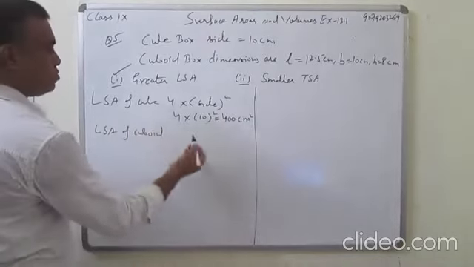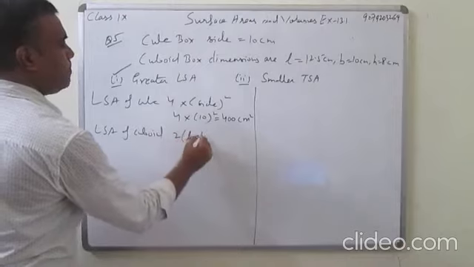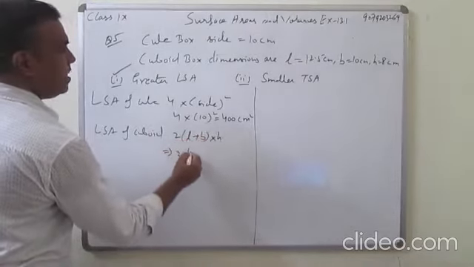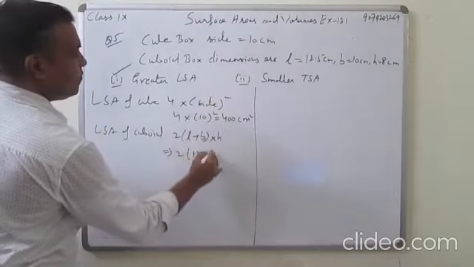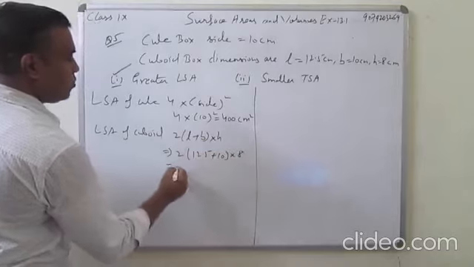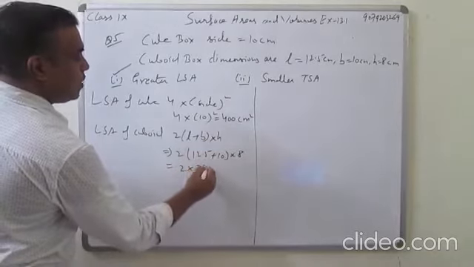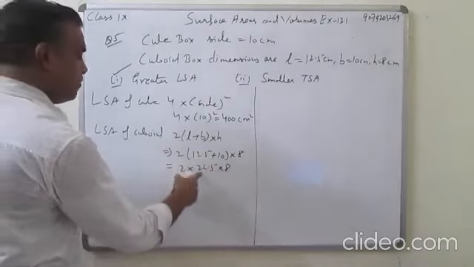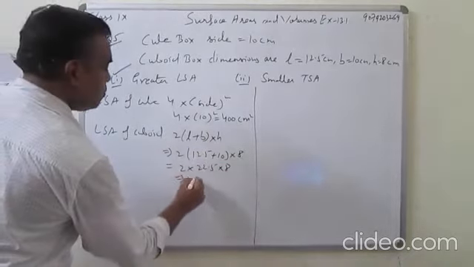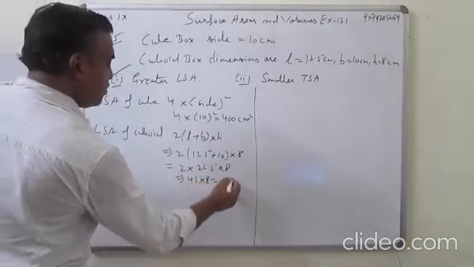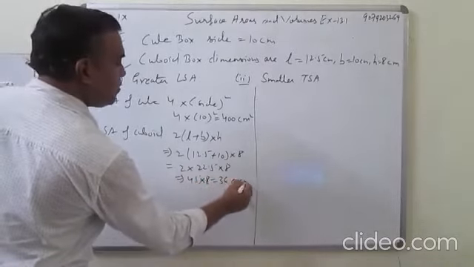Area of four walls, 2 into (L plus B) into H. L is 12.5 plus breadth 10, into H 8. So it's 2 into 22.5 into 8, so it is 45 into 8. 8 5s are 40, and 360 centimeter square.